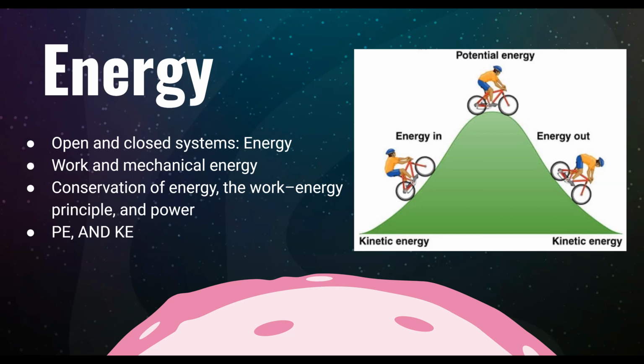In my system, if I do not include the earth, then most likely I don't have to include gravity. However, if the system does include the earth, then I have to include gravity. So systems are very important. They're also very confusing sometimes, but I would say know the difference between open and closed systems, and that should help you a lot.